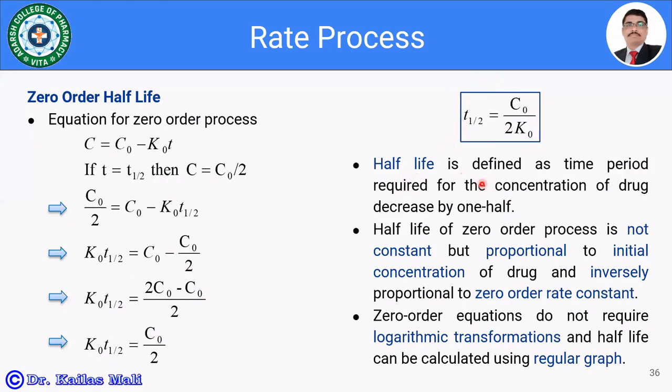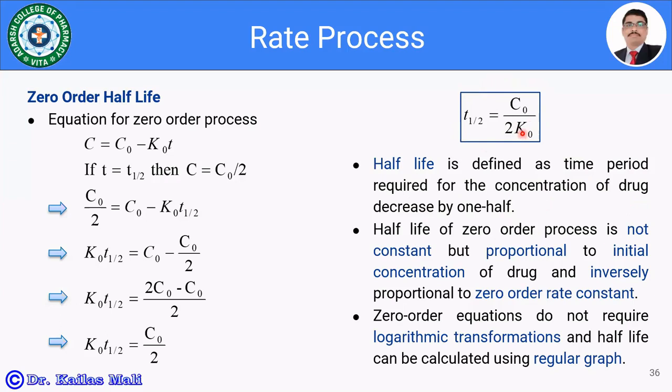So half-life is nothing but the time period required for the concentration of drug to decrease by half. And in the case of the zero order process, it is not constant, but it is proportional to the initial concentration and inversely proportional to the zero order rate constant K0.